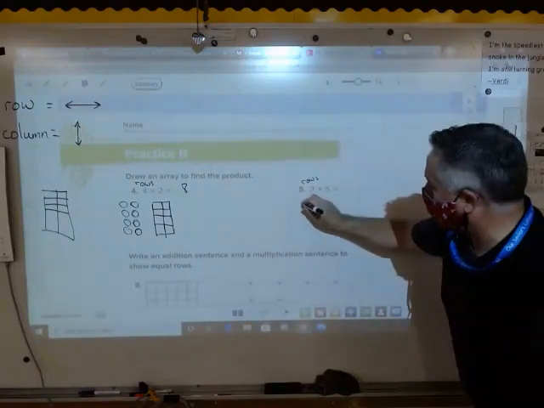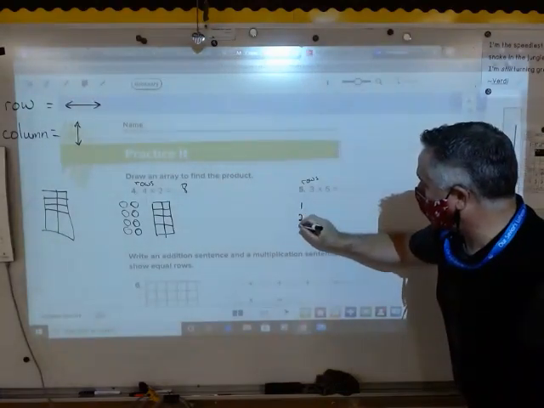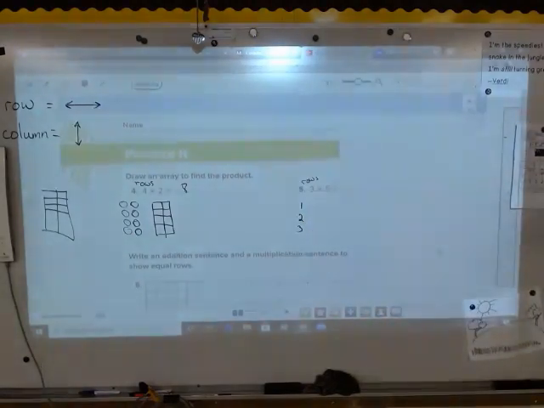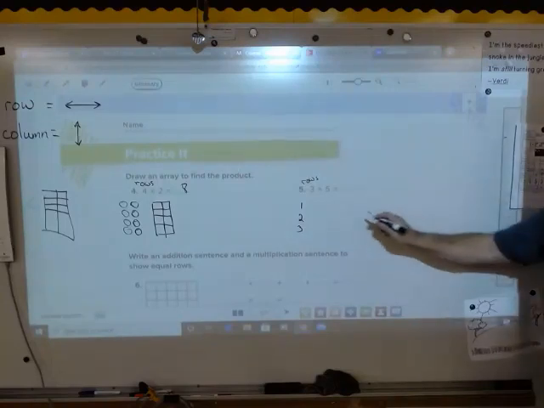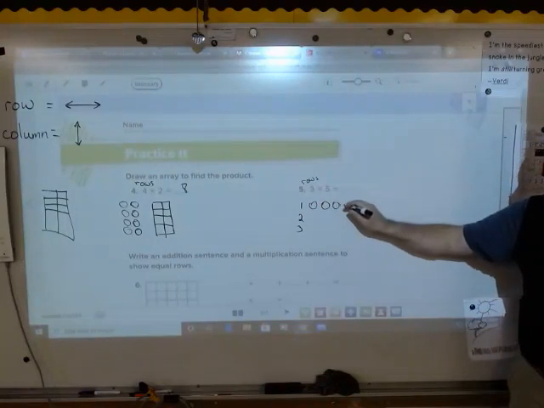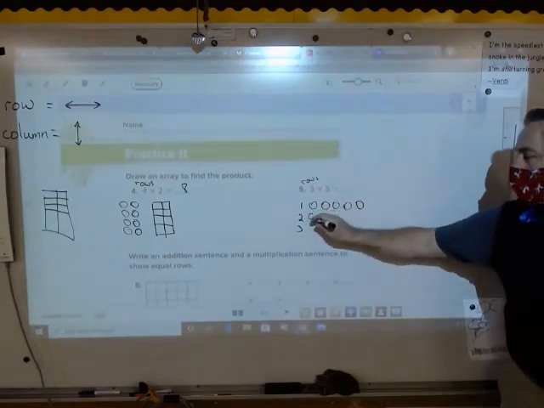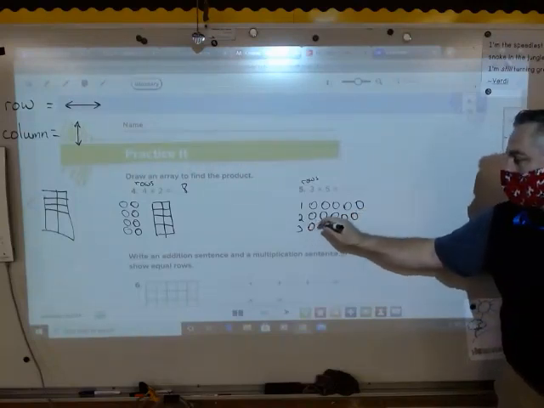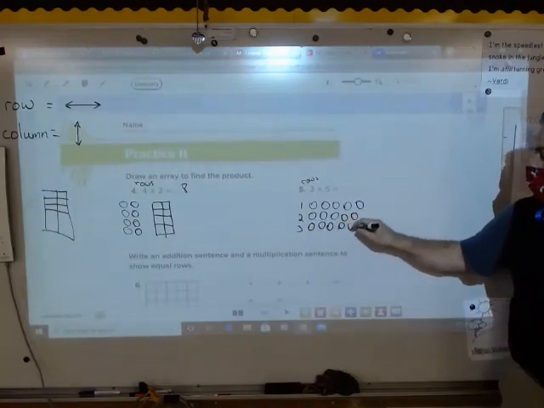Some people also do this. They go like 1, 2, 3, because my rows are going to be going across eventually, and I need 3 of them, right? So you can start by just doing that. And if I need 5 in every row, I can go 1, 2, 3, 4, 5. 1, 2, 3, 4, 5. 1, 2, 3, 4, 5.